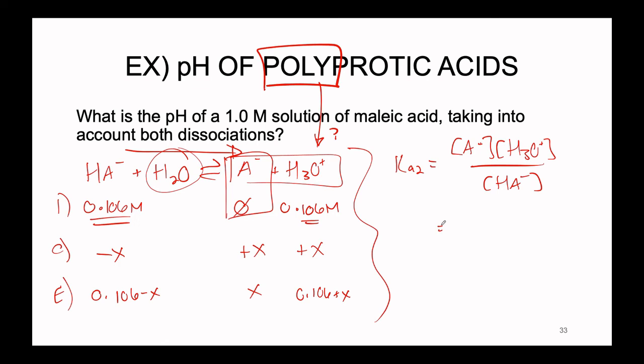So we're going to take the values from our ICE table and insert them into the concentration values at equilibrium. Our A- is X, our H3O+ is 0.106 plus X, and the reactant is 0.106 minus X.